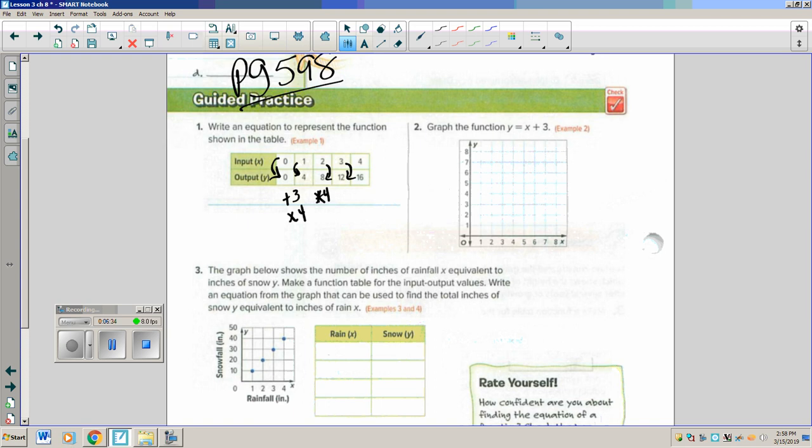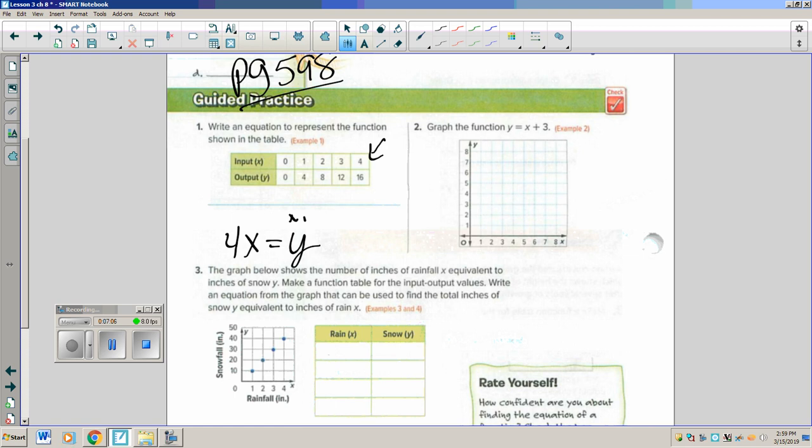Oh, 3 times 4. Think we found it. Times 4. So the equation, whatever x is, you multiply it by 4. That equals, since we're writing the equation, you have to have an equals, that equals y. So 4x equals y. That's the equation to represent this table.